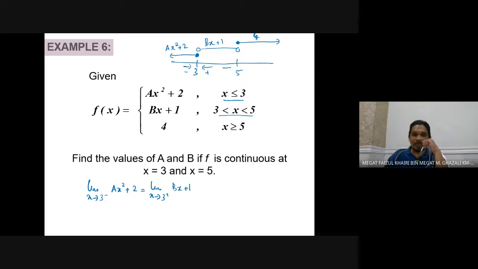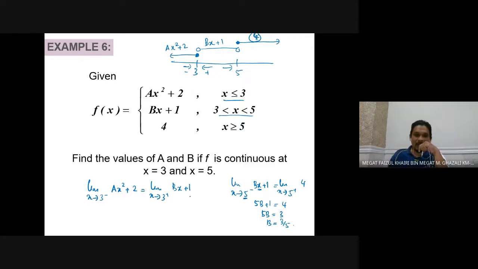And then when x approaches 5 from the left, where bx plus 1 equal to the limit as x approaches 5 from the right, and it is equal to 4. So substitute x with 5 here. 5b plus 1 equal to 4. Then 5b equal to 4 minus 1 equal to 3. Then b is 3 over 5.